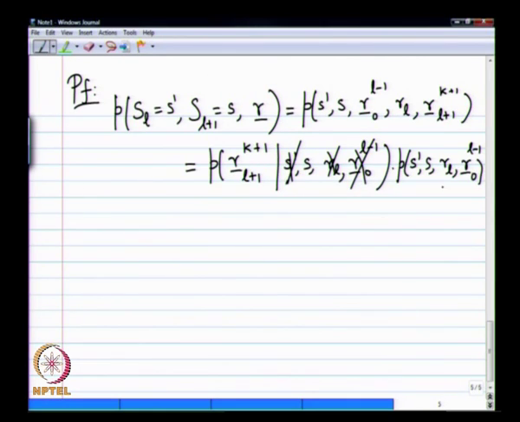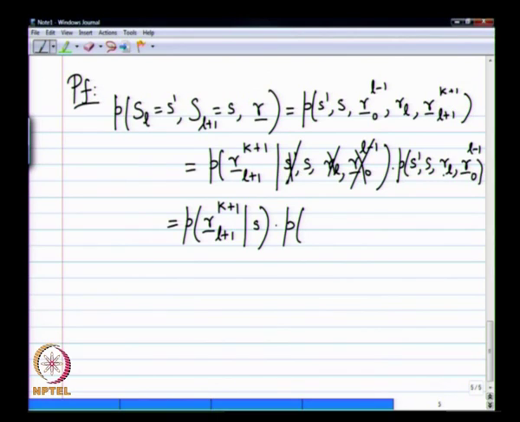So now let us look at this guy. Here I am going to write it as a product. Once again, what is the most recent thing in this? RL, right? RL is the most recent. So let us write it as, and S prime, S also, right?